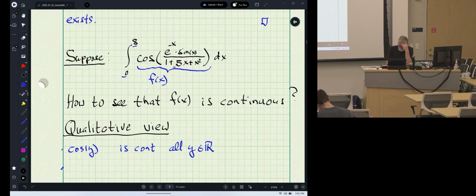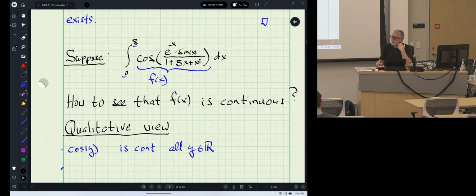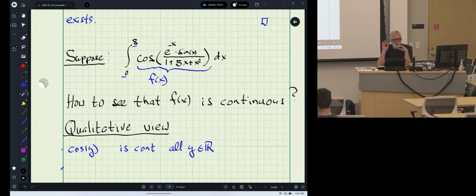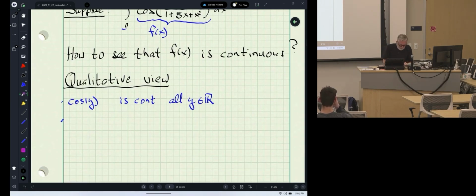So when you have a ratio of things, when do you usually get into trouble and start having discontinuities, jumps, whatever? Yes, when the denominator vanishes, all bets are off, okay? It could be continuous, but it rarely is continuous. We'll just put it that way, because you're not going to be that lucky. Okay, so let's just look at that denominator, and so we would just look at it, and we would go 1 plus 5x plus x squared.